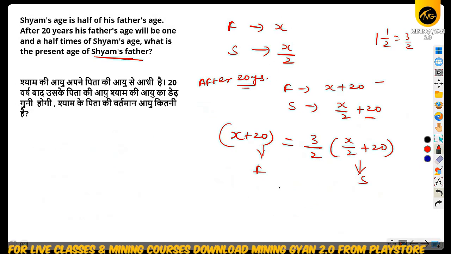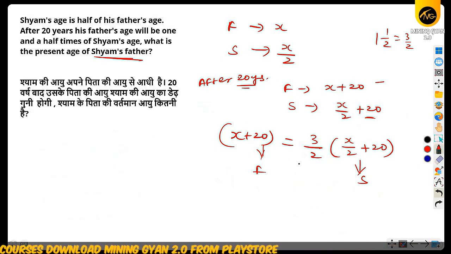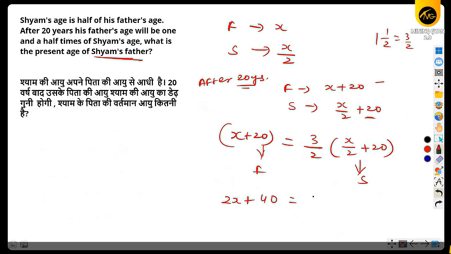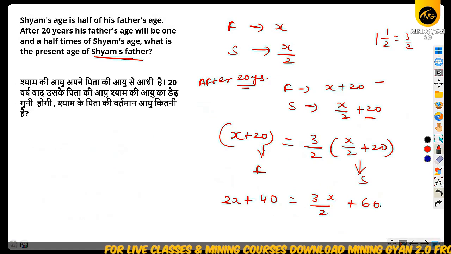So just find out the value of x. Just multiply: 2x plus 2 into 20, that means 40, is equal to 3x divided by 2 plus 3 into 20, just 60.